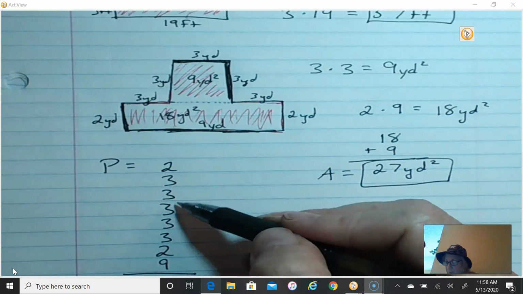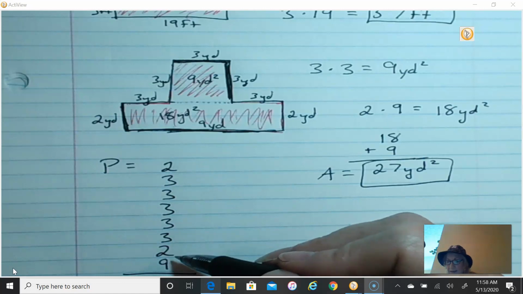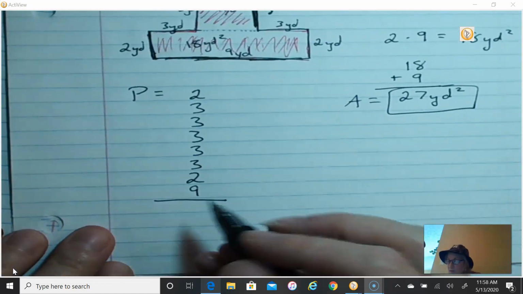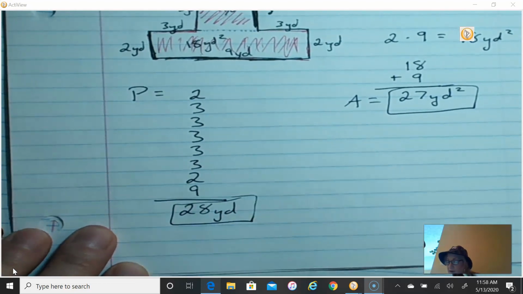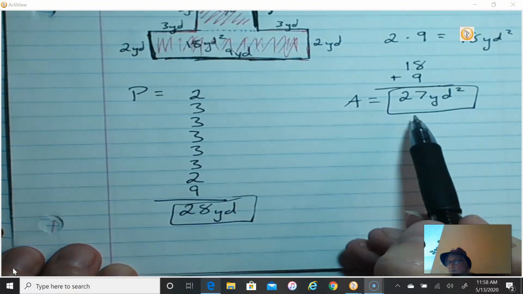So 3 times 5 is 15, 16, 17, 18, 19, and then plus this, that would be 28 yards. Not squared, because perimeter does not deal with the square, only area.